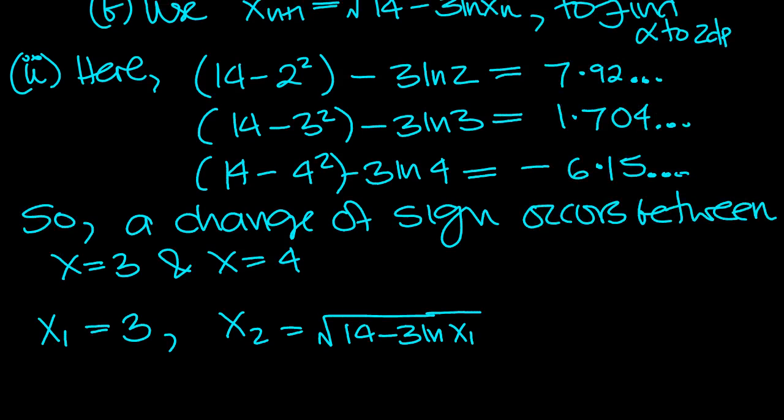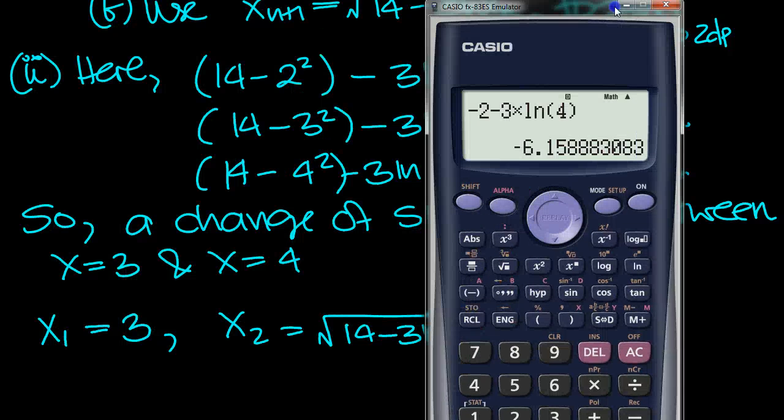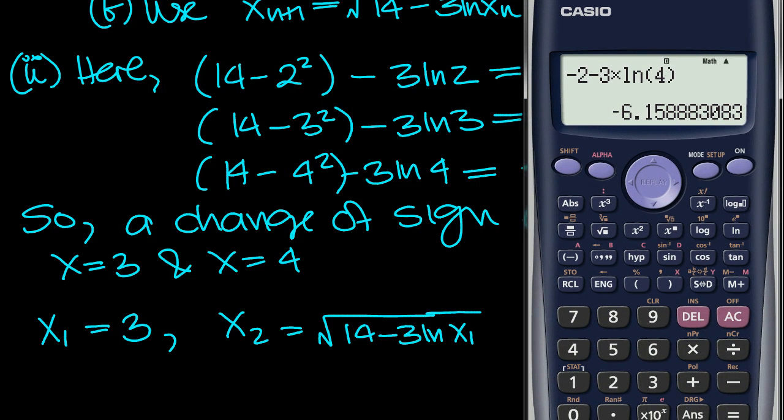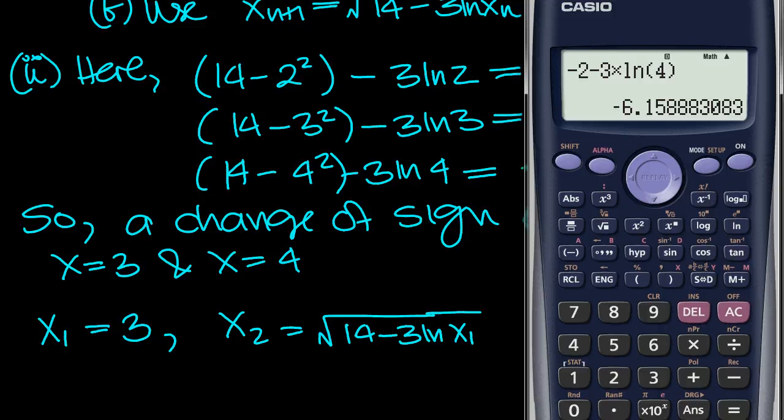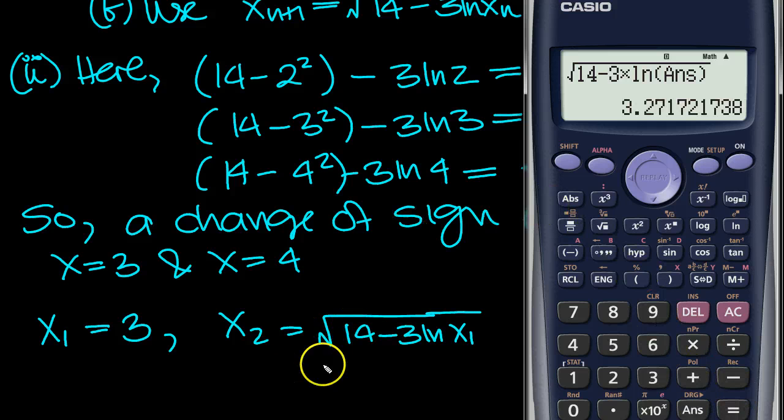Okay, so let's put it in our calculator then. So we'll move our calculator over here. And now x1 is 3. So we've got that in the answer now. So we want square root of 14 minus 3 times ln of the answer, which was 3, close bracket, equals 3.271.